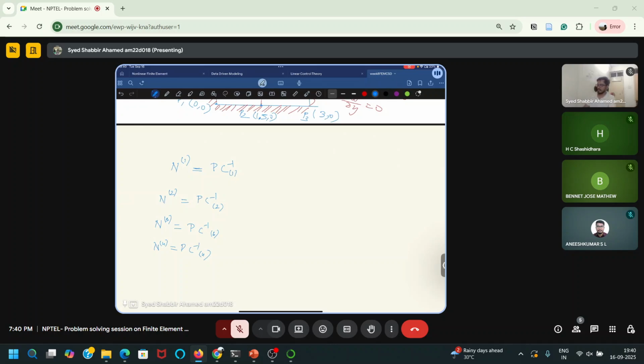Okay. After determining the shape functions, the next step is to determine the elementary stiffness matrix.